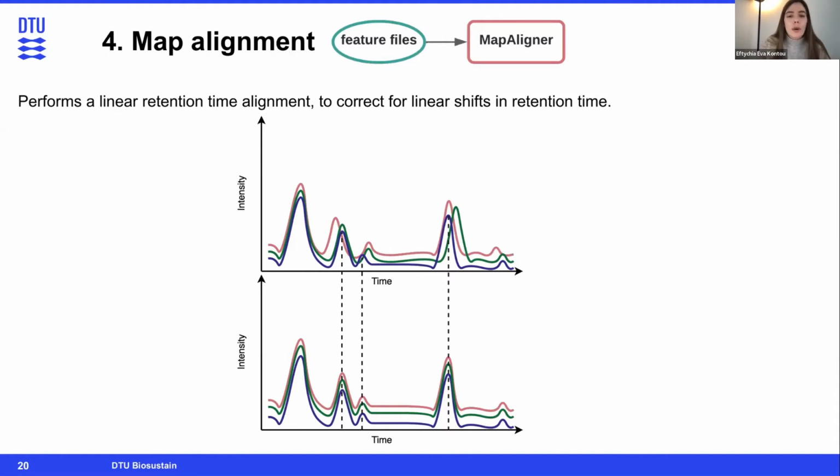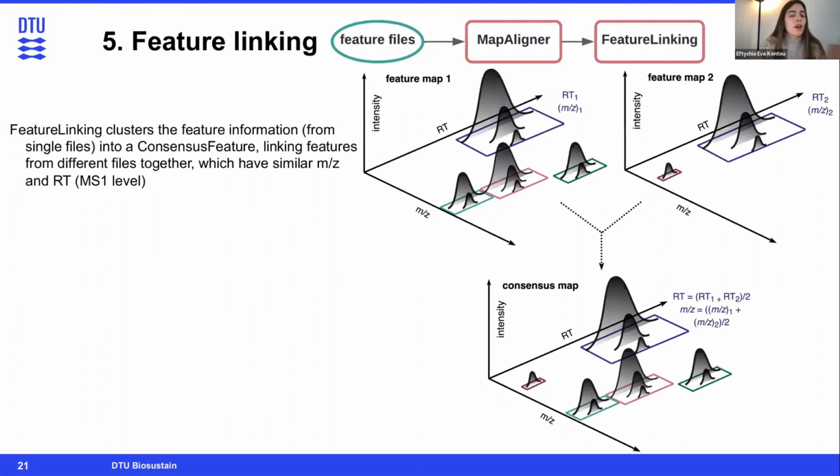This algorithm corrects these linear shifts by choosing one feature file as a reference file, the one with the highest number of features. Then we perform the retention time alignment according to that file, as shown in the figure.